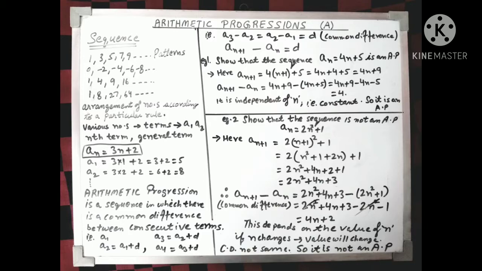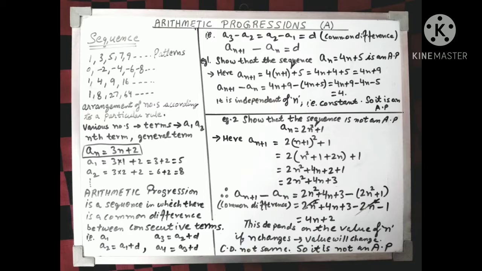Then the second term will be a1 plus some difference, that is d. d is taken as the common difference. So the second term will be written as a1 plus d. The third term will be written as a2 plus d. The fourth term will be a3 plus some difference, that is d, and so on.